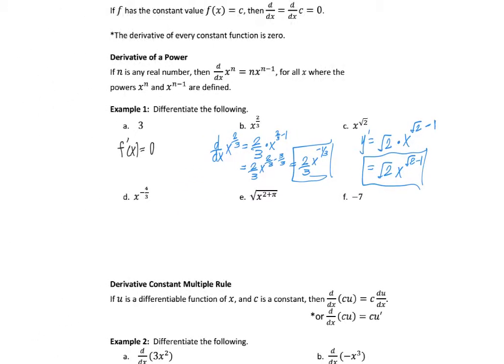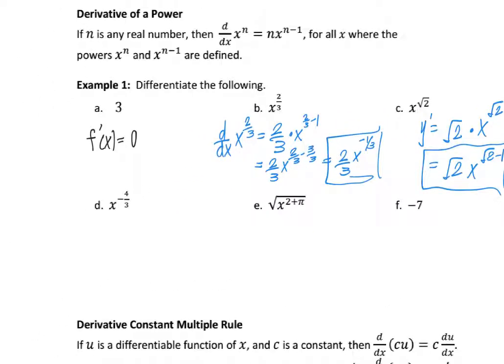So now let's look at what we have left. On this one, your n is negative 4/3. You're going to bring that out front and raise x to the power of negative 4/3 minus 1. So in this case, think of 1 as 3/3. Be careful with that power, because that power is a negative. I have a lot of people mess up there a lot of times.